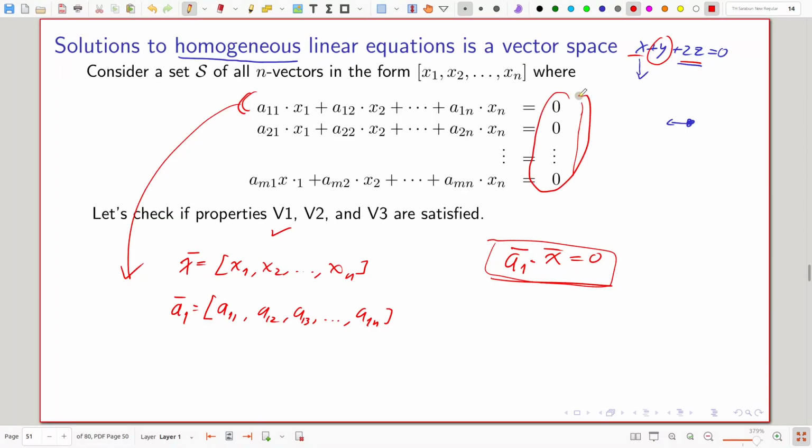A solution set of homogeneous linear equations is also a vector space. Two things. These two concepts will come back. Right now it's very theoretical, but you will see them come back really soon.